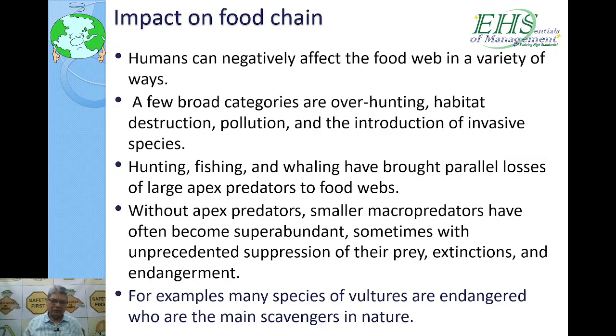So if tigers reduce, there is an abundance of deer. If the deer reduce, there is a problem for the tigers because they don't get the food. So sometimes with unprecedented suppression of their prey, there is extinction and endangerment.